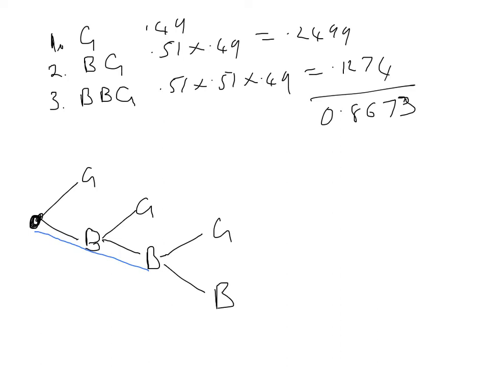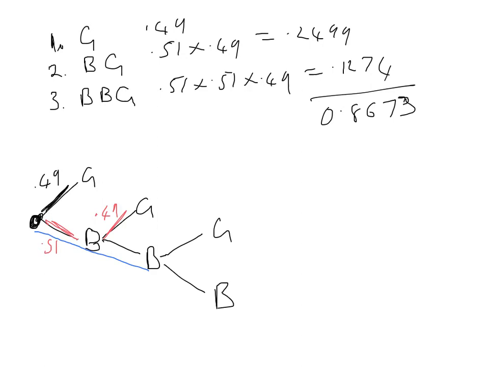So let's just go and assign some probabilities. So this one here, it'll be 0.49. Tracking down here, what's that going to be? It'll be 0.51 times 0.49.